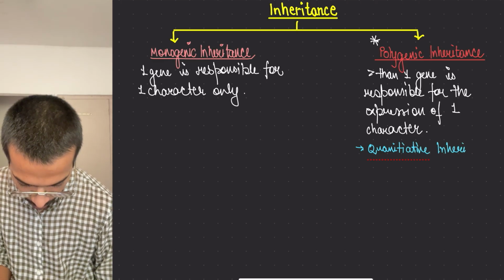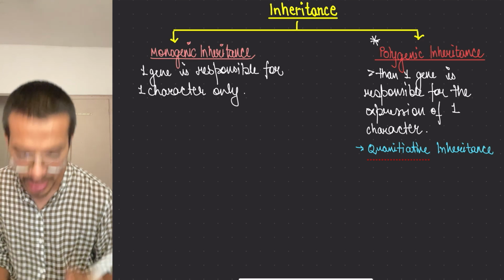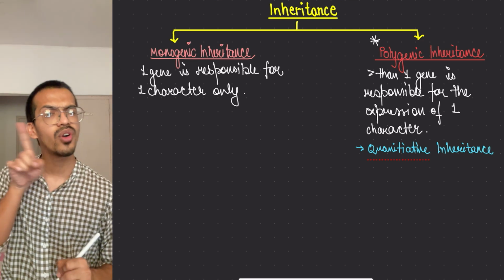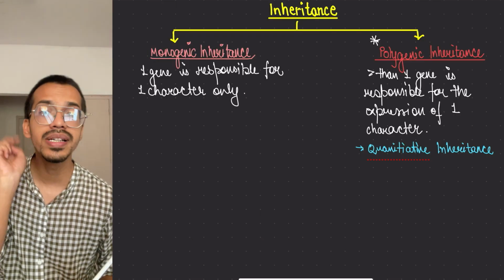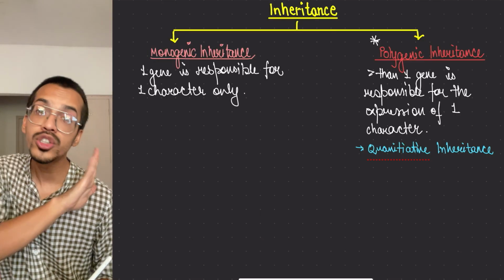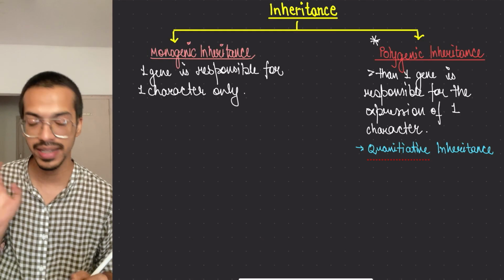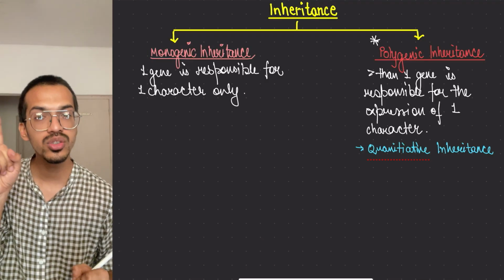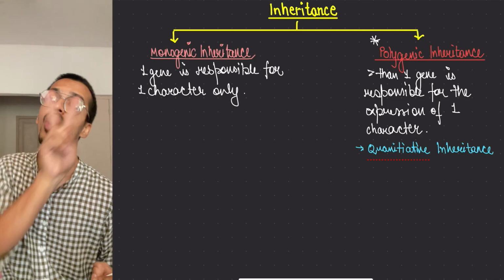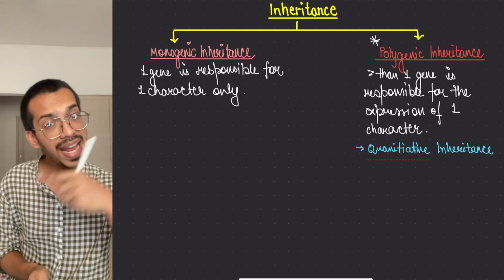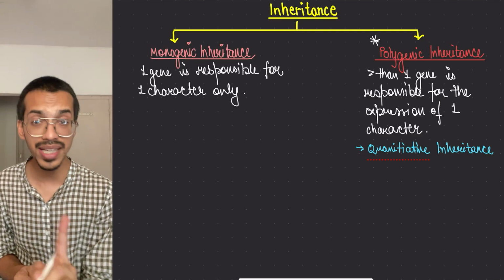But in monogenic inheritance, it's about either recessive or dominant. Even if a single T comes or double T comes, the expression remains tall. Please pay attention. In monogenic inheritance, one character, whether it comes in homozygous condition or heterozygous condition, the expression remains the same.